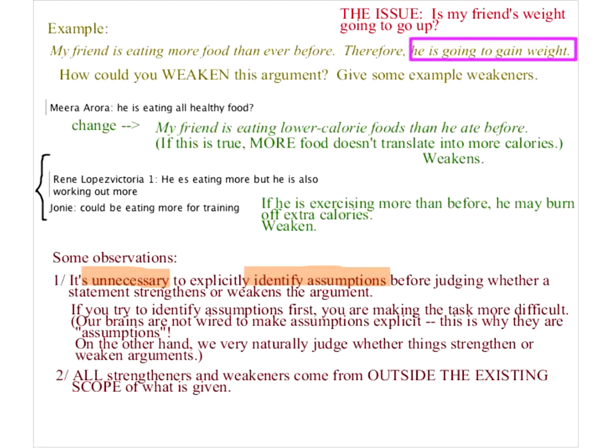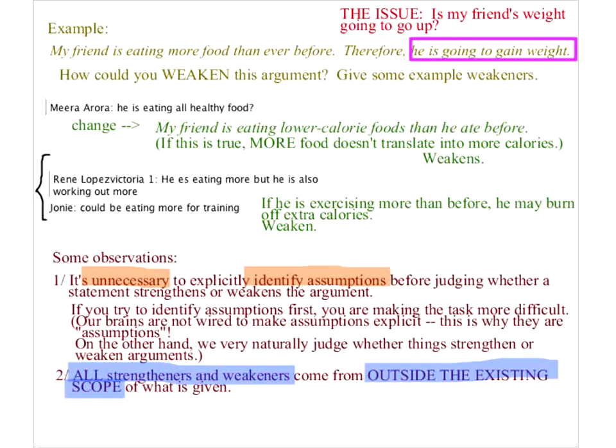Why do strengtheners and weakeners always have to come from outside the scope? Can anybody explain that? Notice this argument doesn't talk about lower calorie food at all, so this is a totally new thing. This argument doesn't talk about exercise at all, so this is a totally new thing. They should generally be totally new considerations.